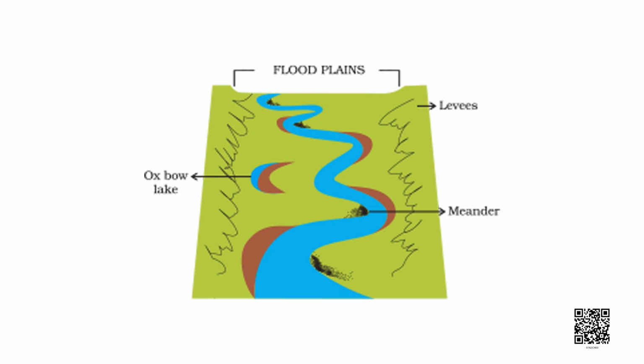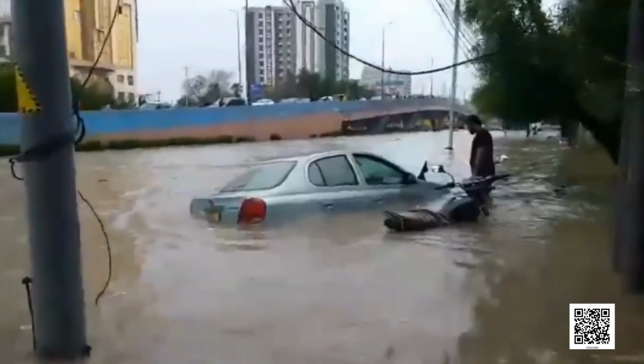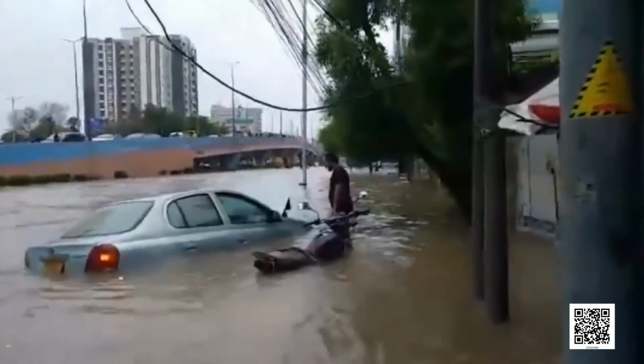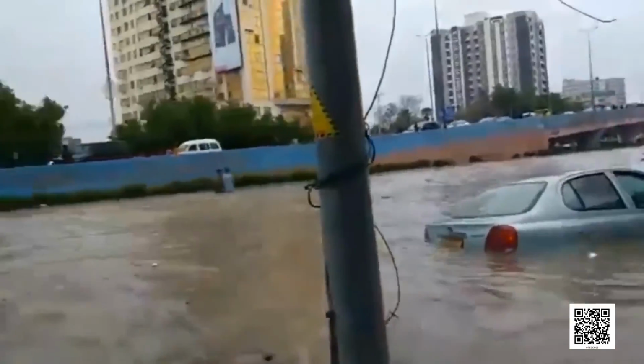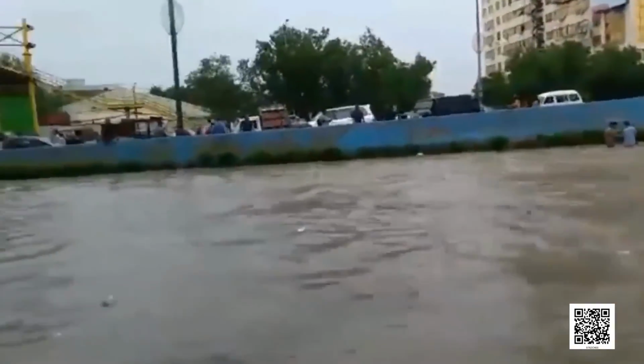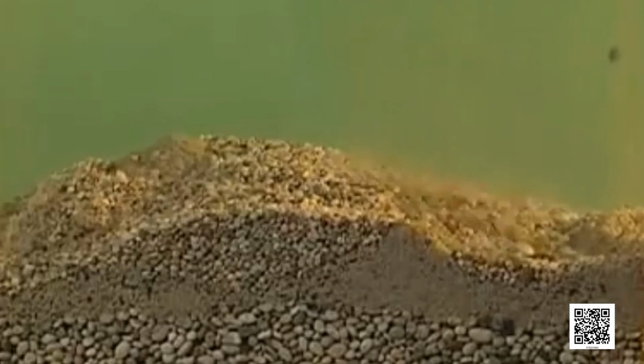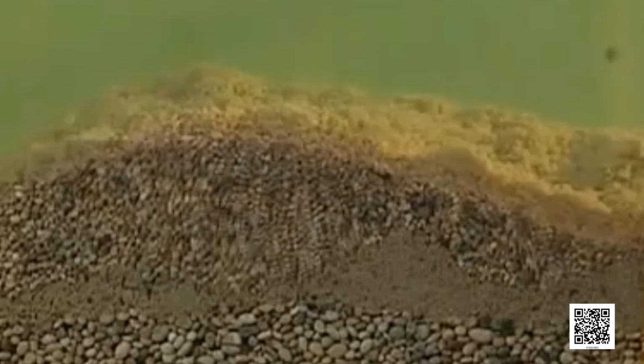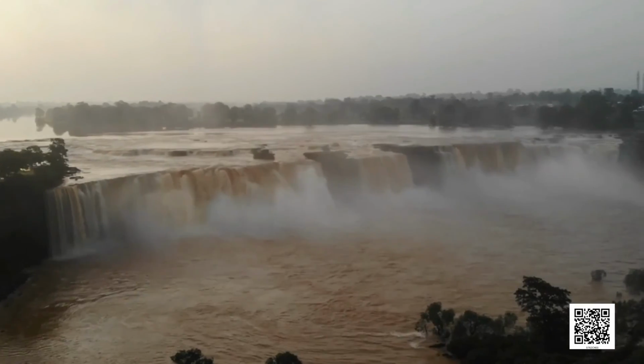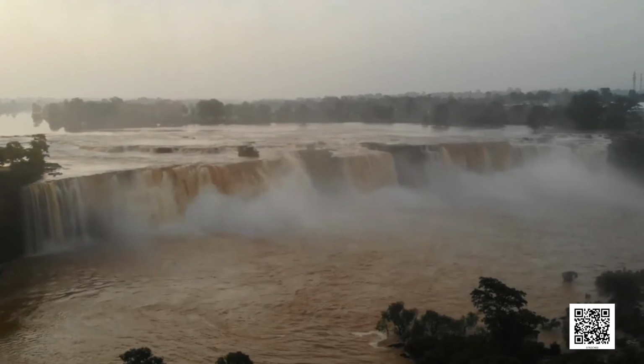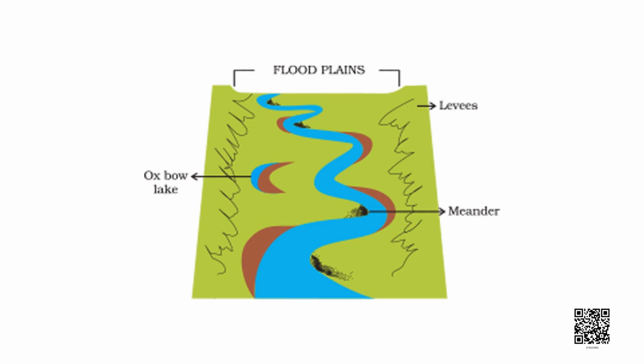At times, the river overflows its banks. This leads to the flooding of neighboring areas. As it floods, it deposits layers of fine soil and other material called sediments along its banks. This leads to the formation of a flat, fertile floodplain. The raised banks are called levees.